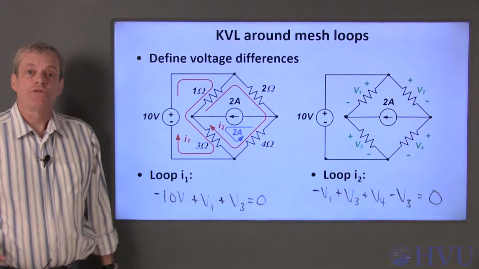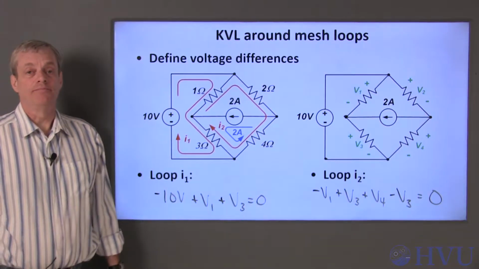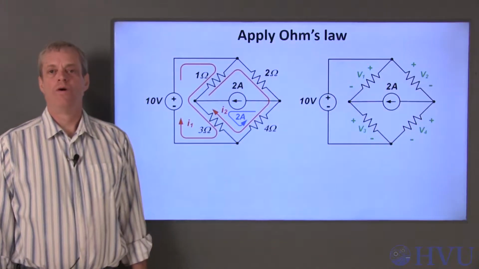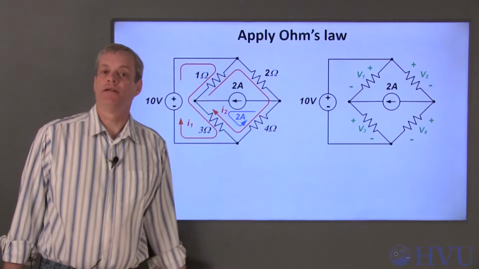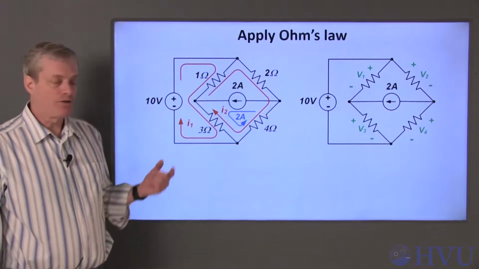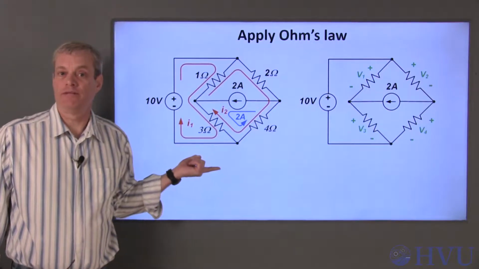Next, we'll use Ohm's law to write these voltages in terms of the loop currents. When we apply Ohm's law in mesh analysis, we have to keep two things in mind. First, the physical current going through an element is the sum of all the mesh currents going through that element.